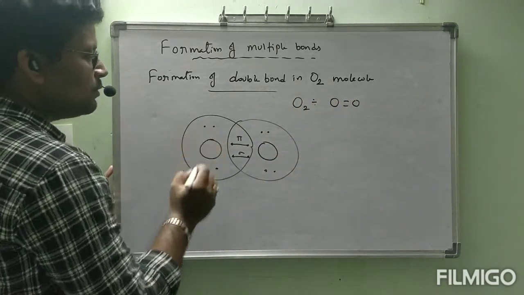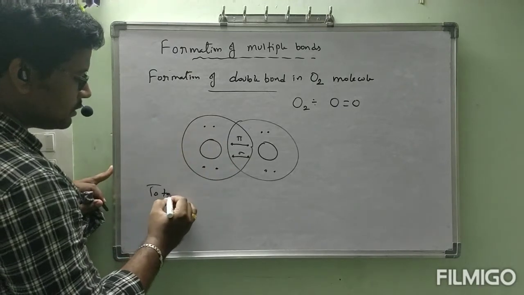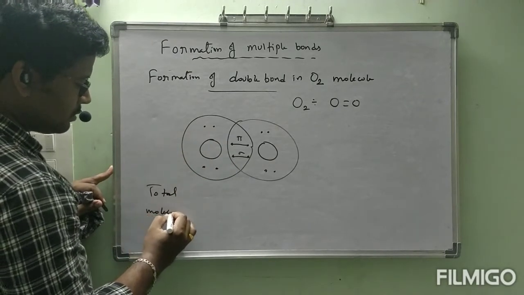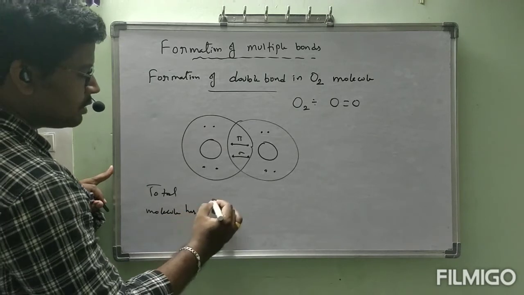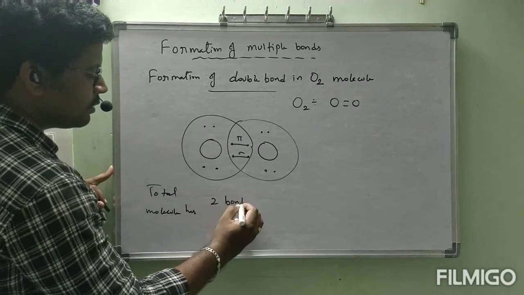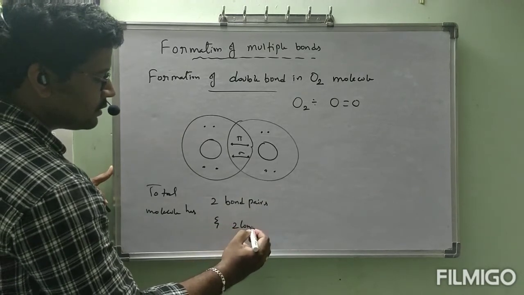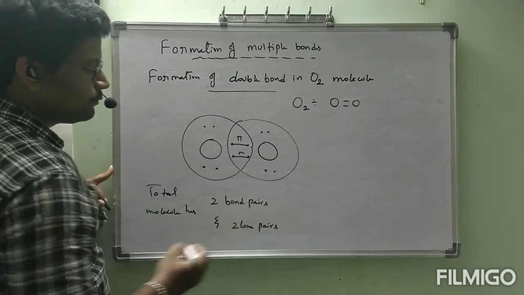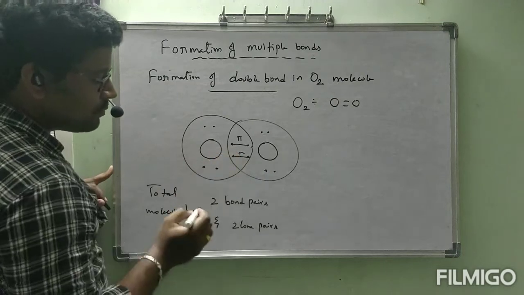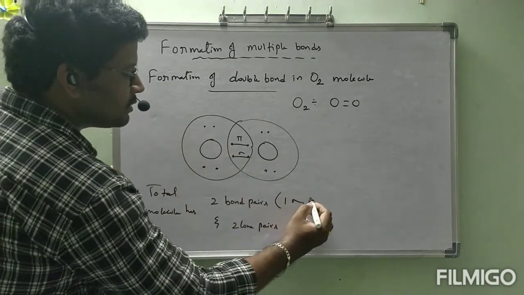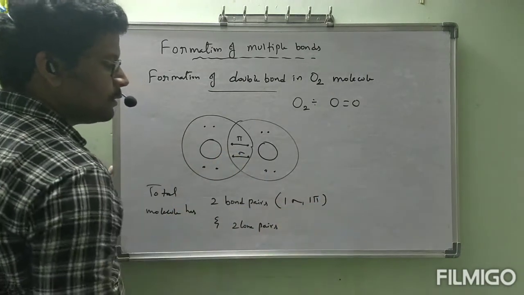Okay, here how many lone pairs total molecule has? 2 bond pairs and 2 lone pairs. In which out of 2 bond pairs, 1 sigma, 1 pi.